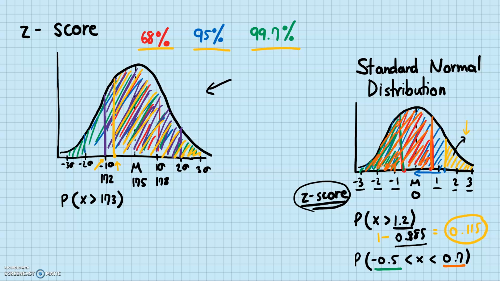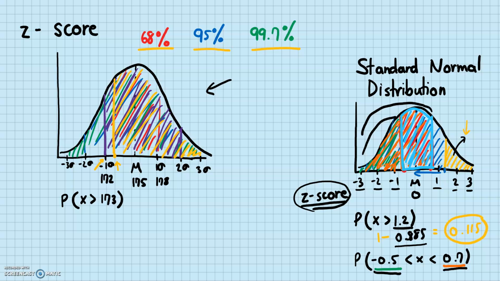So if you just want this area right here, what should you do to the two areas? Well, the orange area is the whole thing minus the green area, right? The green area is that thing, and then you'll get the light blue area. Okay, so let's do that with the table.